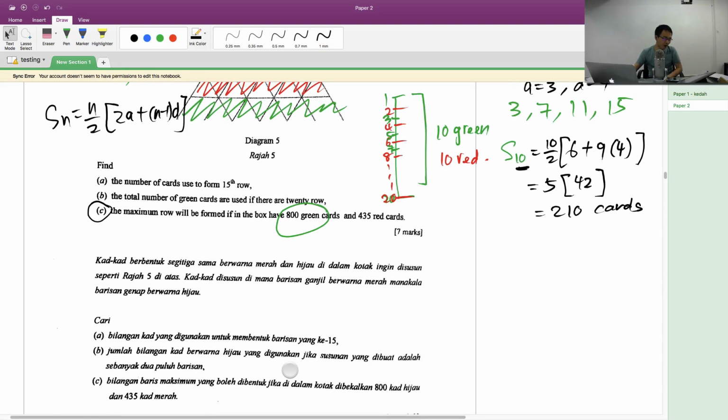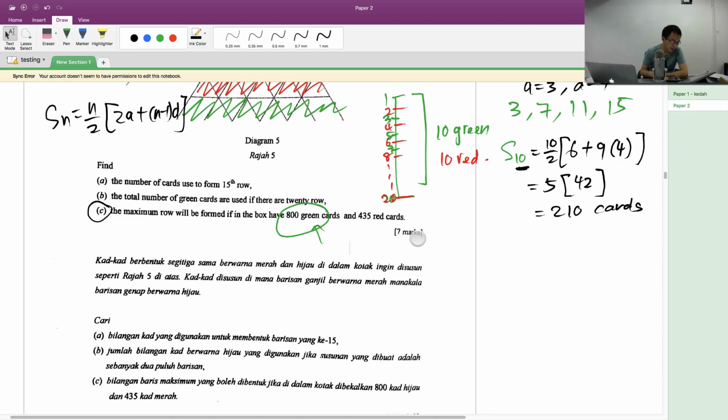So what I'm trying to do is focus on the red ones. If it stops at the 25th row, and if you have more green, maybe just add one more row which is 26, because you have no more red cards already. Impossible for you to form the 27th. So you just want to know how far the red cards can go, and then for the green one you just add one more. Alright, this one is the theory.